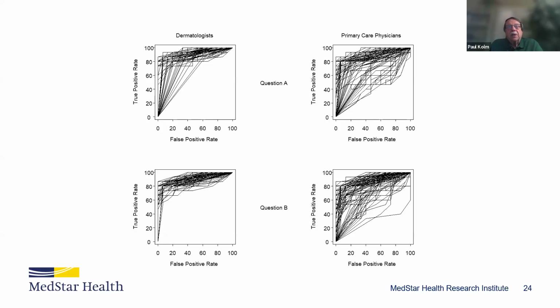And so as we would expect, the dermatologists are going to do better than the primary care physicians. And then we can also tell, at least for the dermatologists, that for question B there's a lot less variability than there was for question A.